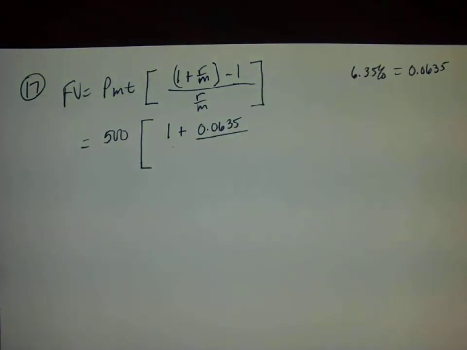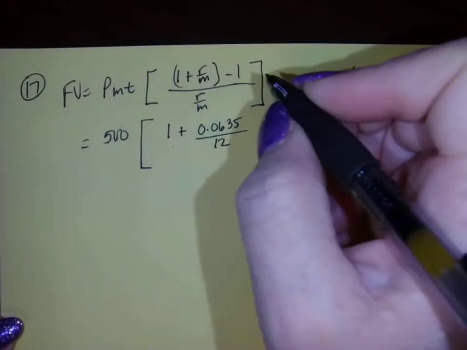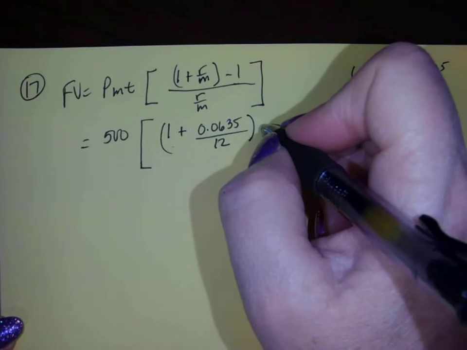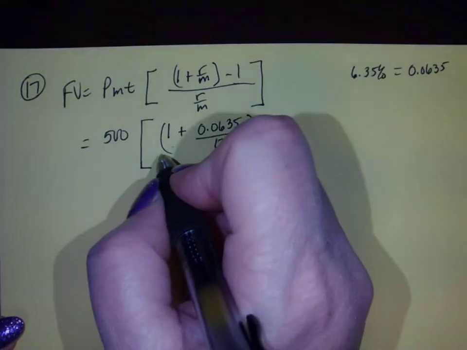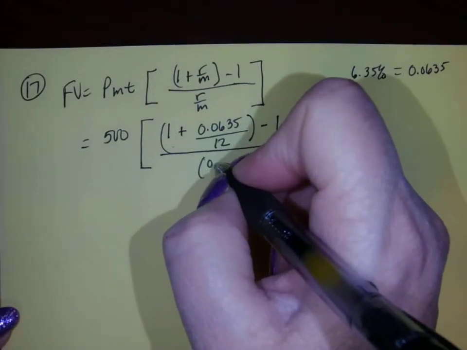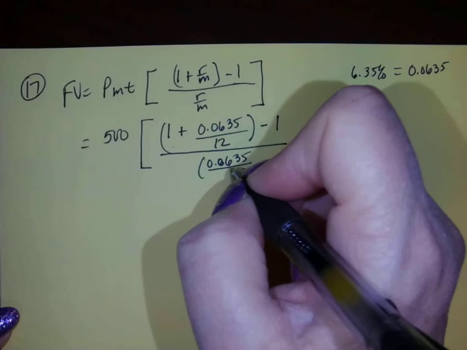And it's being compounded monthly, so monthly will give us 12. And then from that, we will subtract 1, and then divide by 0.0635 divided by 12.